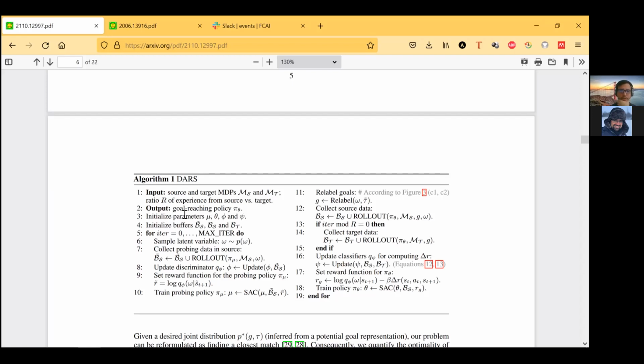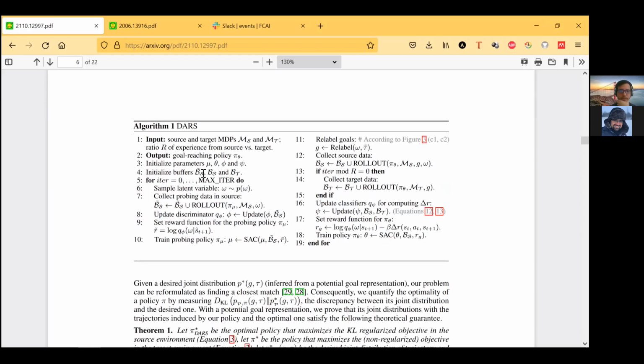So the goal is to learn this policy theta that is able to do different kinds of skills, and these skills would work both in the source and the target. The different parameters that you have are the parameters of this policy, theta, but also the parameters of the policy that optimizes the abstract goal and not the goals defined in the state space.